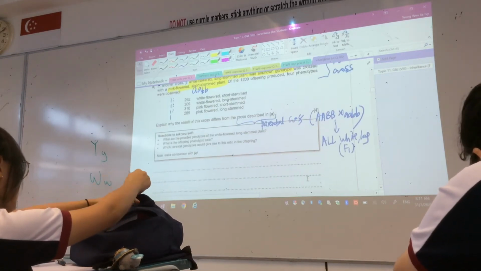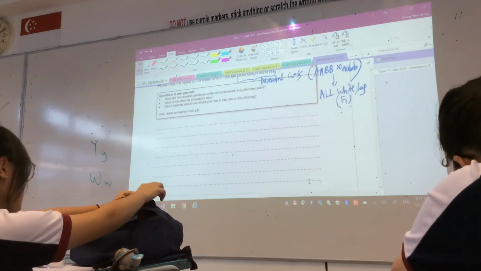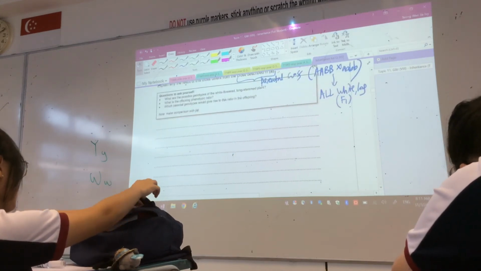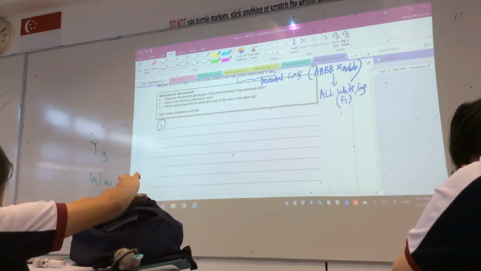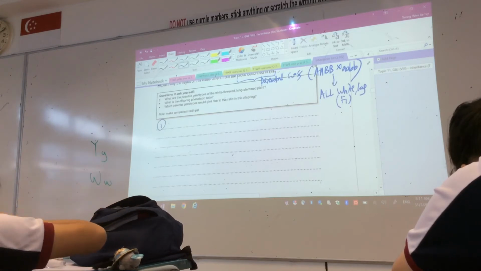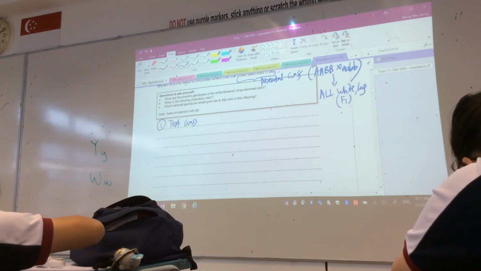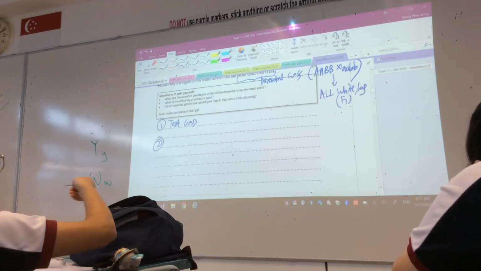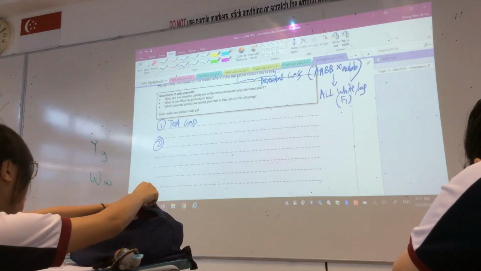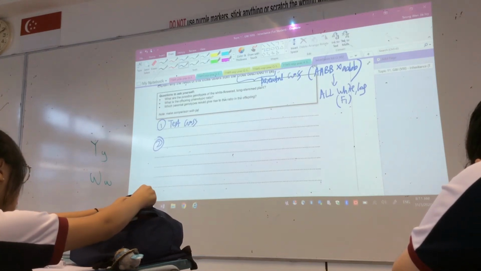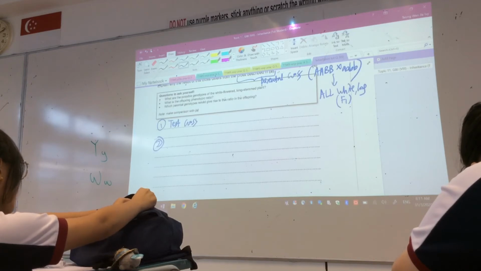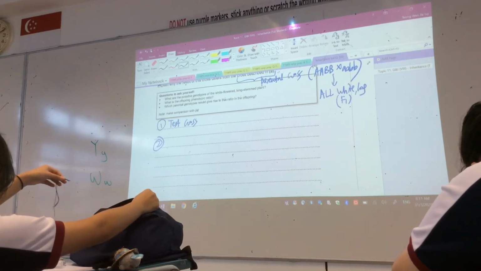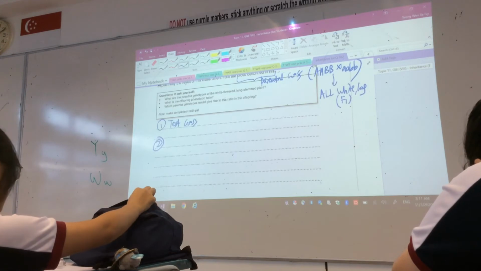Okay, so based on all of this, what should you write in your answer? What do you think is the first point? You have to name this cross that is being done. Okay, it's a test cross. Now, what do you think is the second point? What is being crossed?